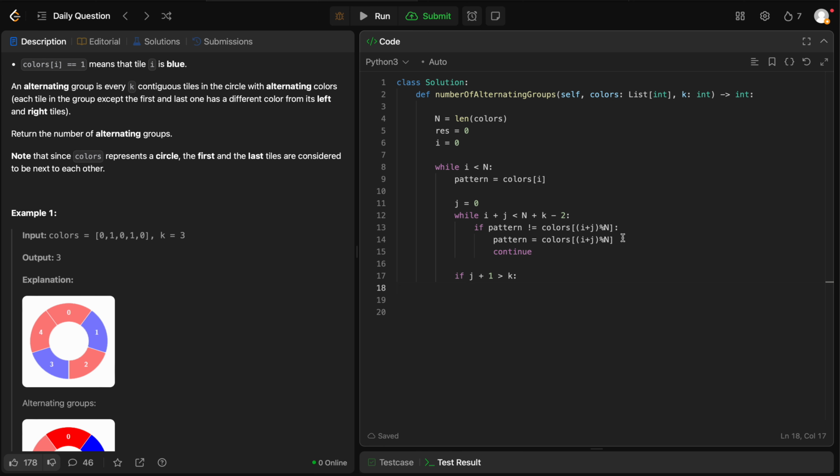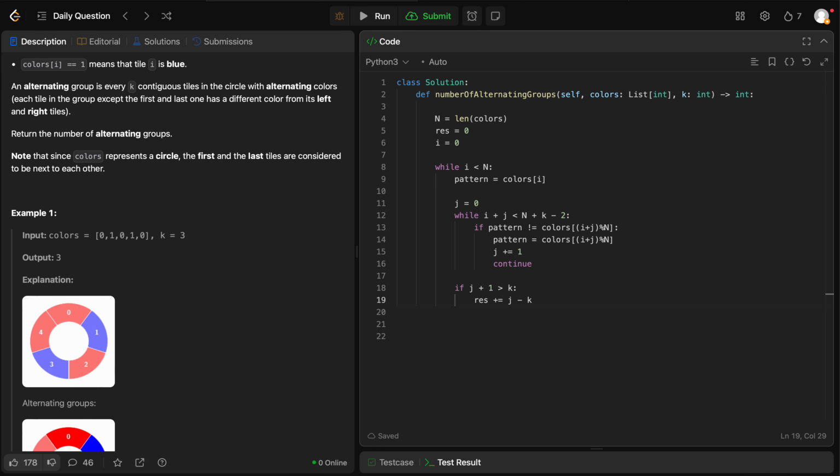Let's say j plus equal 1, of course. If j plus 1, that's the last one, okay, is greater than k, then I need to update res with j minus k.